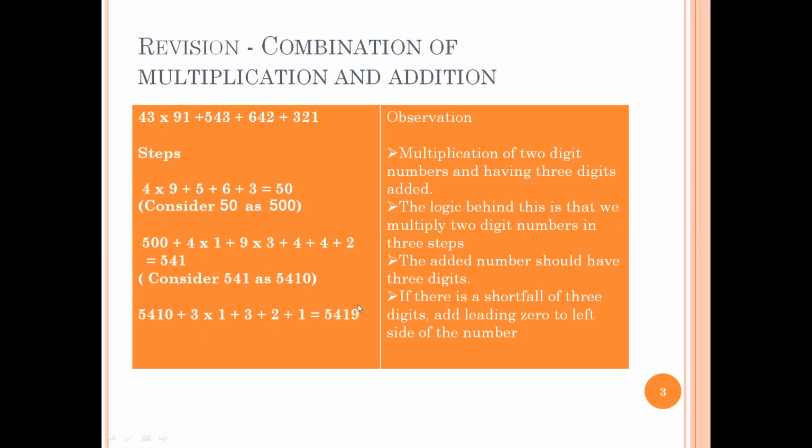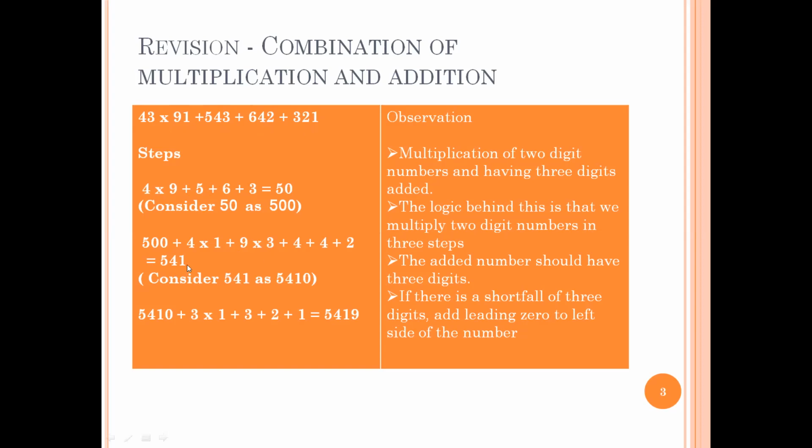We studied this last time. Also, one more example we studied: if there are more than two numbers, how to do it? Again, 4 into 9 plus 5 plus 6 plus 3. We get 50. We just make it 500 by multiplying by 10. Then we multiply crosswise, 4 into 1, 9 into 3, plus 4 plus 4 plus 2.